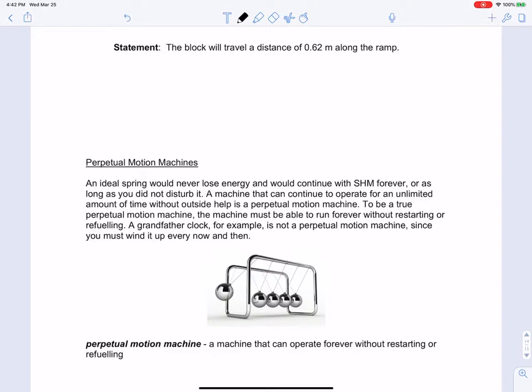To be a true perpetual motion machine, the machine must be able to run forever without restarting or refueling. A grandfather clock, for example, is not a perpetual motion machine since you must wind it up every now and then. The definition of a perpetual motion machine is a machine that can operate forever and ever without restarting or refueling.